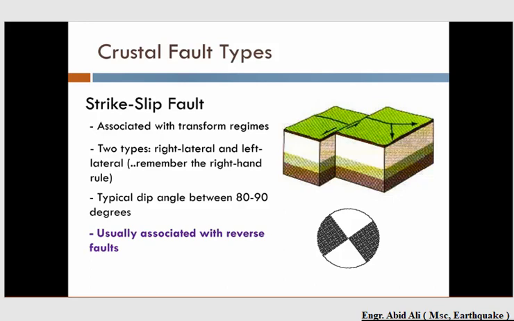So imagine the ground moving, and imagine this block here on the left moves in a right lateral motion. Let's say I had a block of soil right next to this big block, and that block did not want to move at all, but this big block thrusts and shoves right into my block.